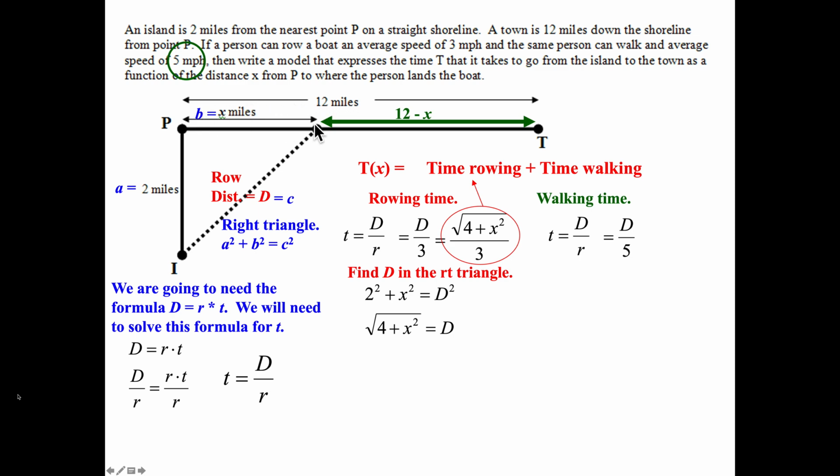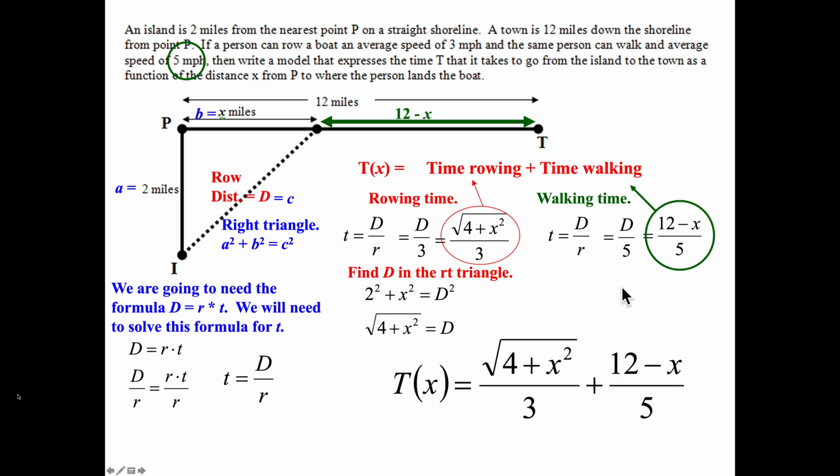If we subtract off the x miles from where we land our boat, we have 12 minus x miles to walk. So that's your distance. We'll put that in right there. So now for my T of x, I have the rowing time expression and I have the walking time expression. There's my function for T of x.